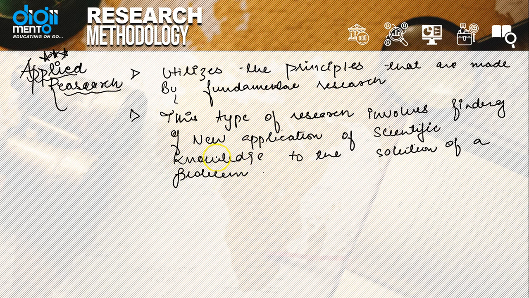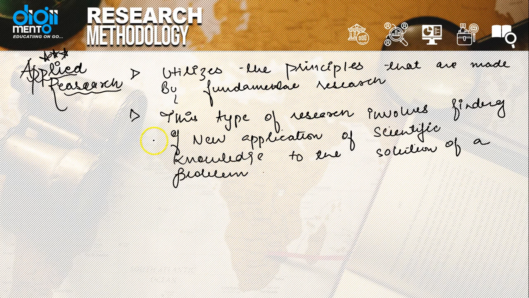Okay, so we utilize the principles which are made by fundamental research to know the problem in the best possible manner, and after that with this type of research we involve the finding of new applications of scientific knowledge to get the solutions of a problem, and we solve the practical problems of the modern world rather than just taking the knowledge only.